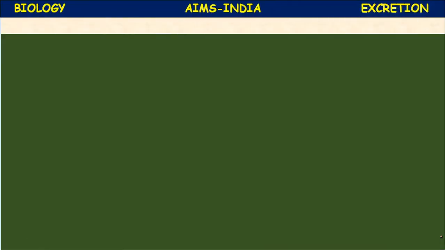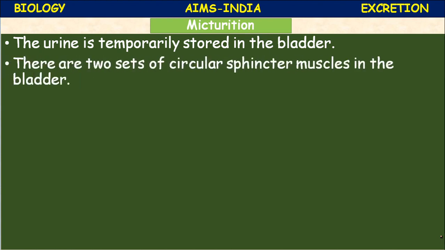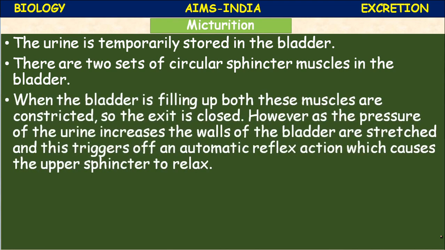Next, the last step, the expulsion of urine. The urine is temporarily stored in the bladder, and there are two sets of circular sphincter muscles in the urinary bladder. When the bladder is filling up, both these muscles are constricted, so the exit is closed.